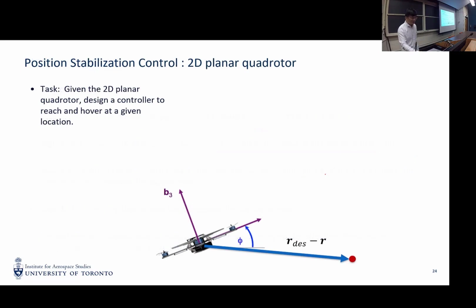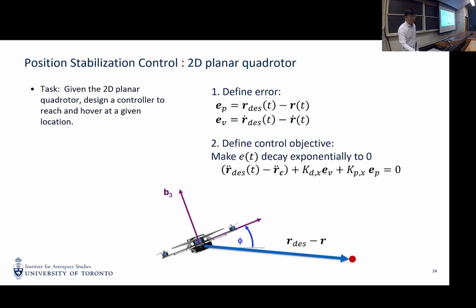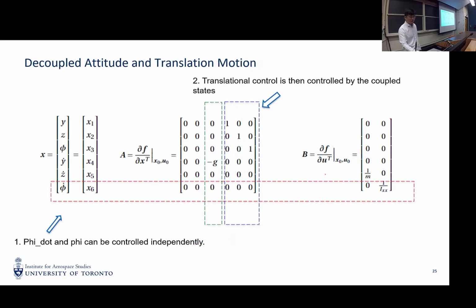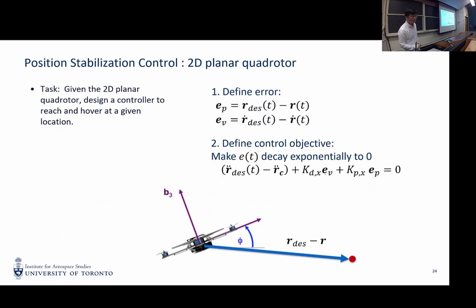Okay, good. So after introducing the basic concept of tuning the PID, we can use it in our first example, the example we introduced last time. It's called a 2D planar quadrotor. And the task we want to do is that we have a quadrotor.